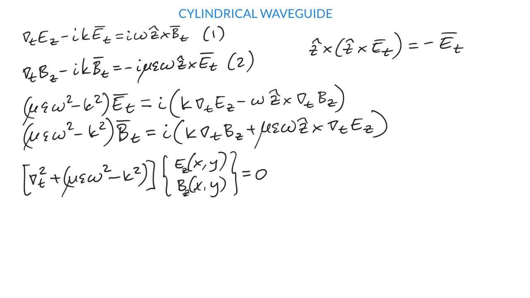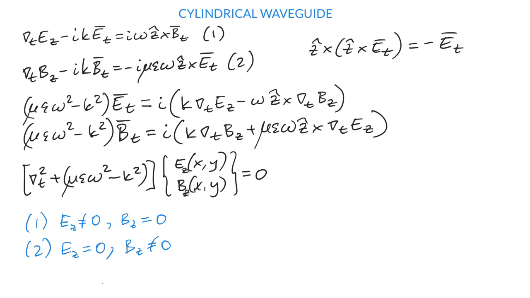The structure of these equations tells us that there are two kinds of solutions with non-zero axial fields, either electric or magnetic. So the first type would be the solution where the axial electric field is non-zero and the magnetic field is zero. The other type would be zero electric field and non-zero magnetic.